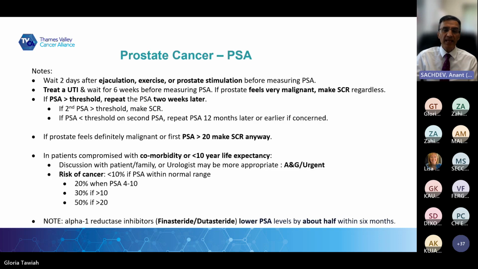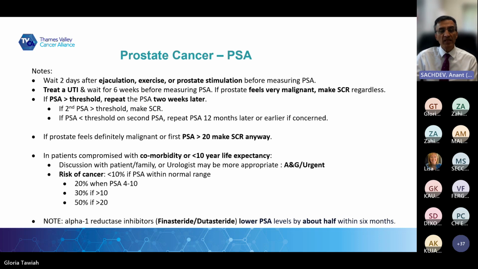So when we look at PSA, it's important to wait 2 days after ejaculation, exercise or prostatic stimulation before measuring the PSA, and also treat a UTI if the urine dip has actually shown an infection. Wait for 6 weeks before measuring the PSA, because it will be abnormal. Obviously, if the prostate feels malignant, then make the referral.